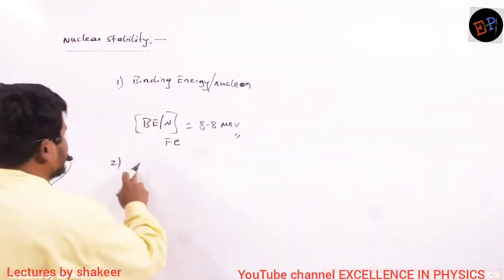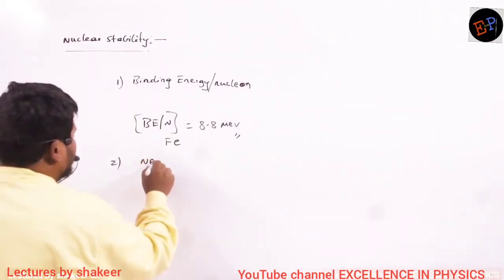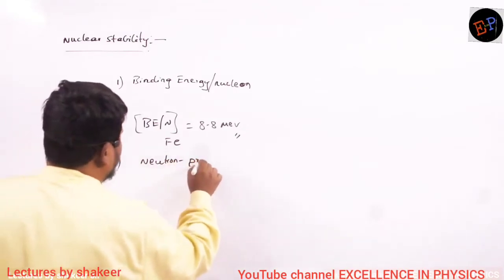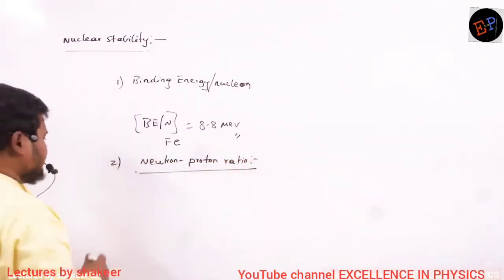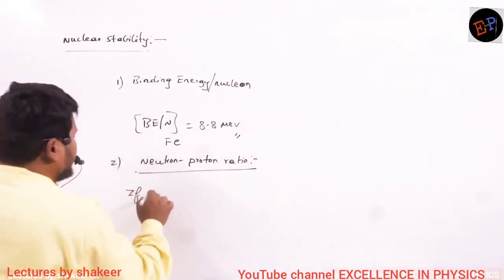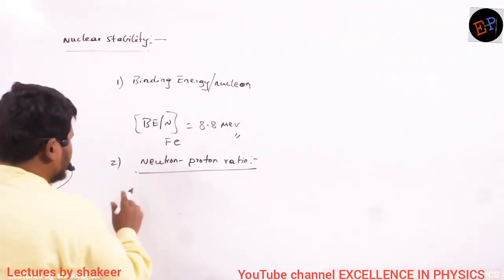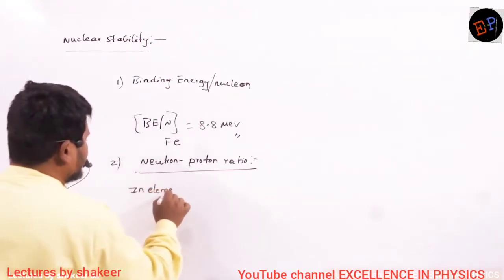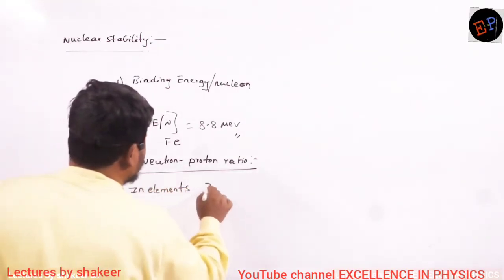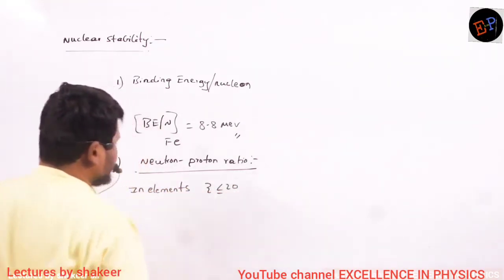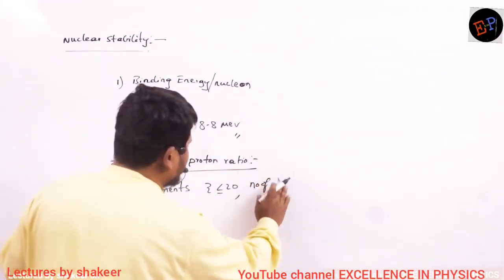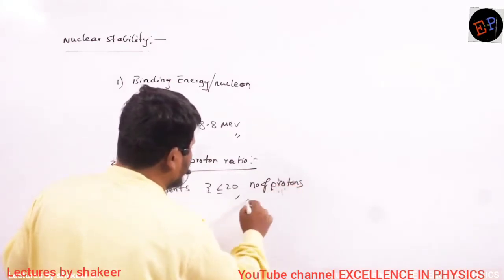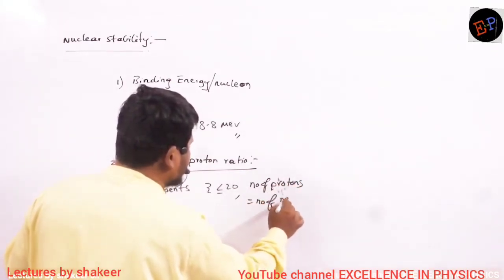And the second factor is the neutron proton ratio. So in elements whose Z value is less than or equal to 20, the number of protons will be equal to the number of neutrons.